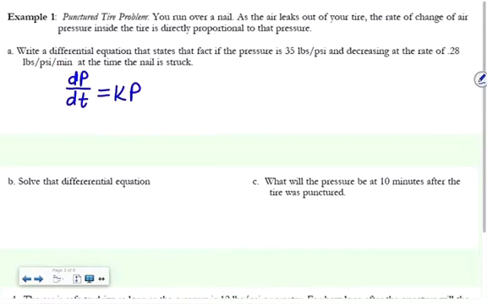What do you have to do first? Separate variables. That means get the P with the P's and the t with the t's. If there aren't any t's, take everything else away from this quantity. So if there is any number over on this left side, put it on the right side, okay? And we'll see as we go, if you don't do that, what happens.